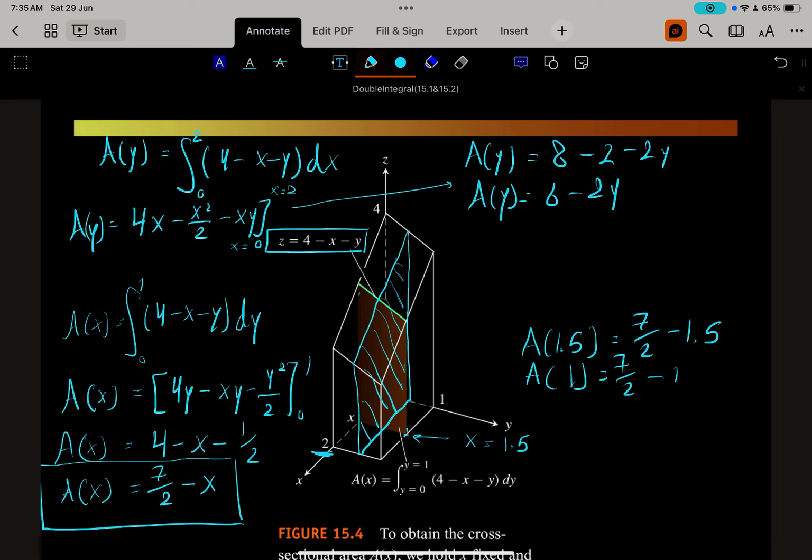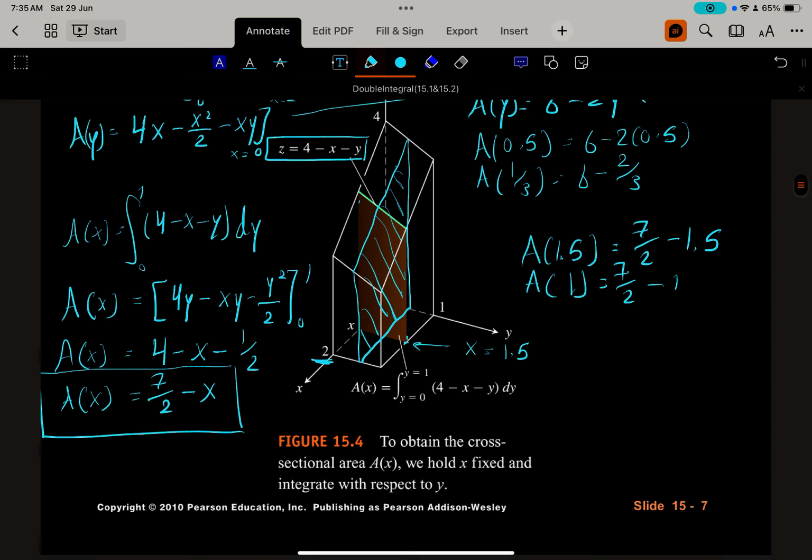So now, this is a function of the cross-sectional area with respect to y. If we want to find the cross-sectional area at, let's say, y equals 0.5, it's going to be 6 minus 2 times 0.5. If we want it at y equals 1 over 3, then we have 6 minus 2 over 3. That's exactly how we find the cross-sectional area of a volume.